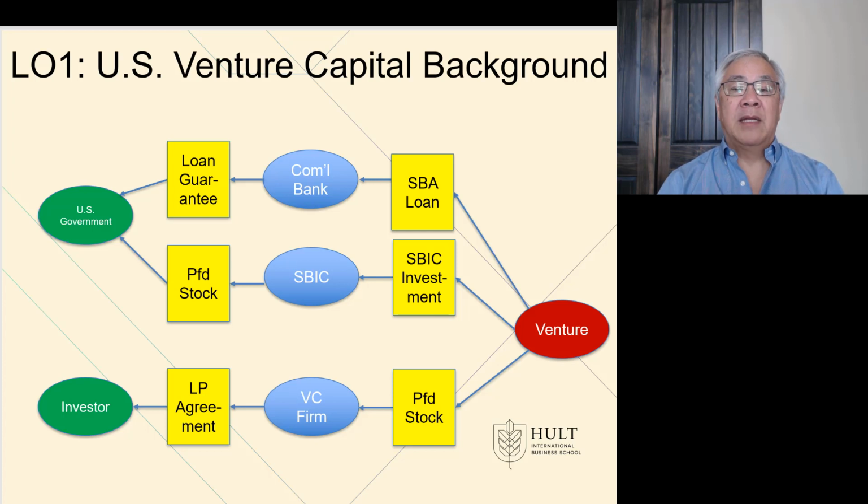The second is through an equity program, and these are called SBIC or MESBICs in the case of minority enterprise small business investment corporations. And these do investments that are done through private organizations, corporations that are investment companies. And instead of doing a loan guarantee, as in the SBA loan, the SBA gives financing through stock.